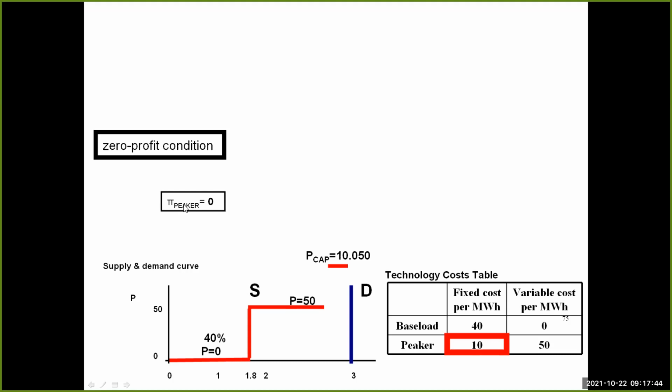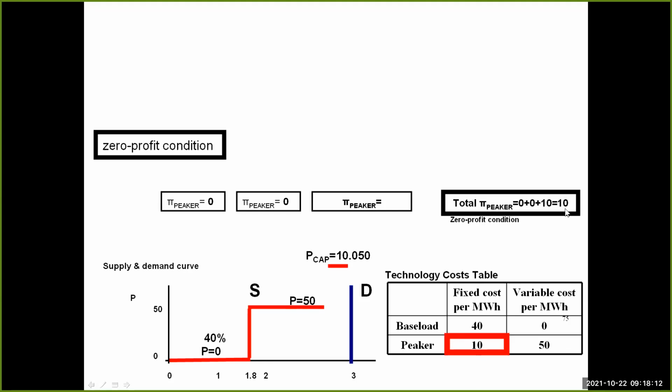What do we need? Well, the profit of the peaker is in this. So if the demand is anywhere between 1 to 1.8, 40% of the time, profit of the peaker is 0. What about here? Profit of the peaker is 0 as well. But here, in this time, the expected profit of the peaker should be equal to 10, because only then, when a plant here now leaves, a businessman will enter to fill up the gap.